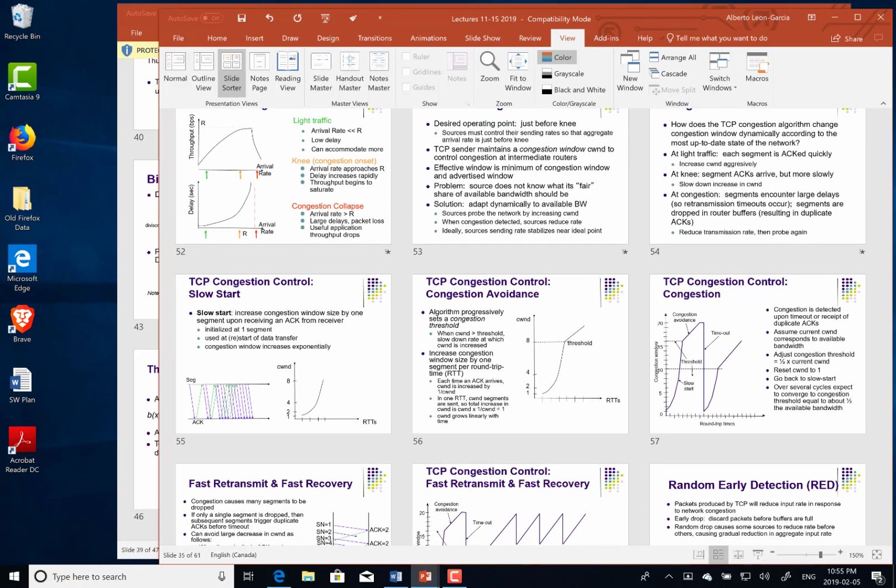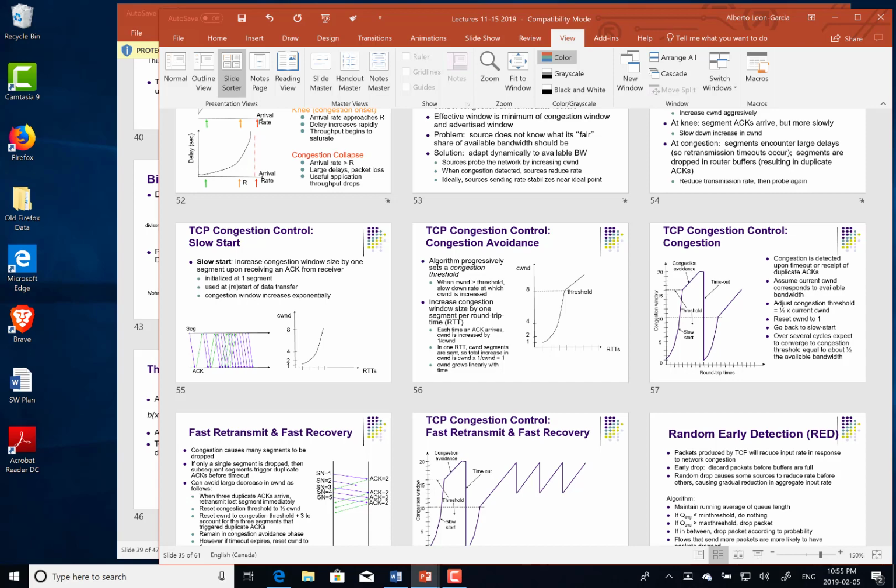And so what TCP congestion control does is it adaptively calculates a threshold. And when the congestion window hits the threshold, instead of going up exponentially, it starts going linearly. Okay, and so we explained how that happens.